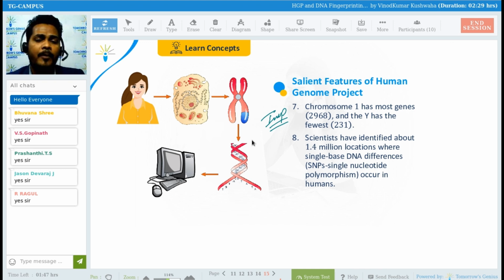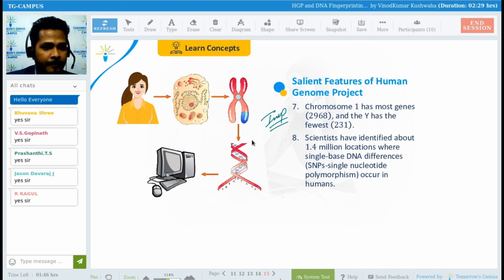That means we consider near about 3000 genes present on chromosome 1. It is the highest number, and the lowest number of genes on a human chromosome is on a sex chromosome, the Y chromosome. So Y has the fewest, just 231 genes.